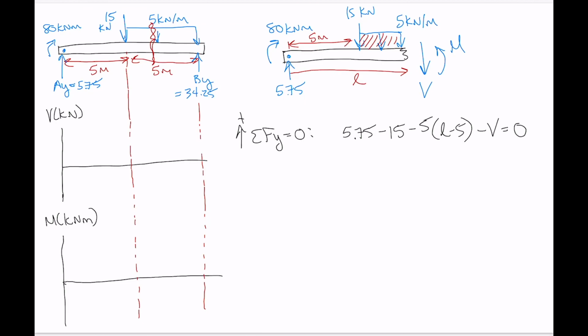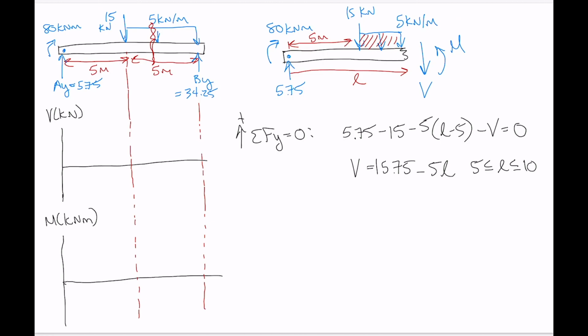So if we clean that up a bit, what we get out of it is our shear equals 15.75 minus 5L. Now this equation is good for values from 5 to 10 meters.